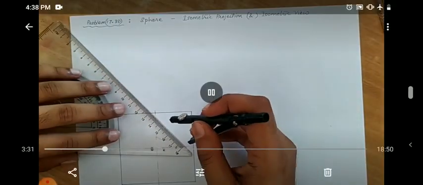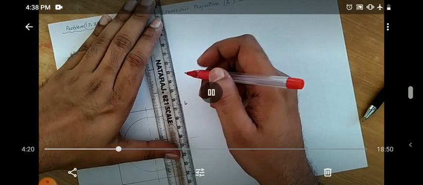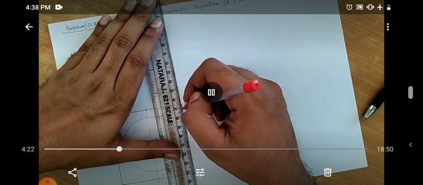Now taking the radius and keeping the center, I have drawn the circle and named the square as ABCD and the center of the circle as O. This is the top view.